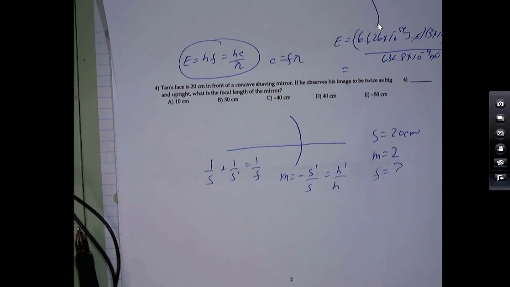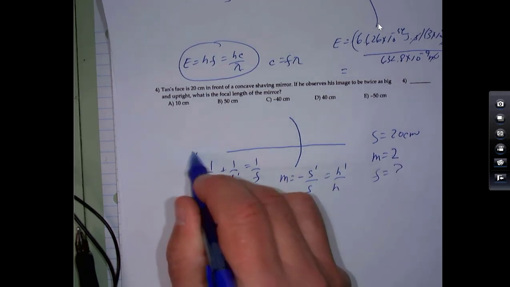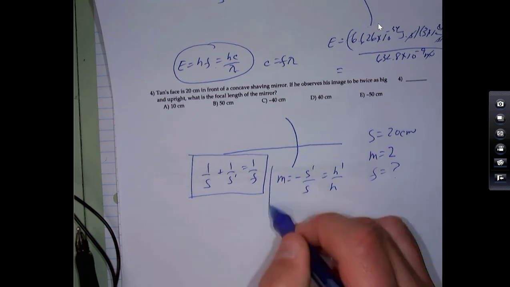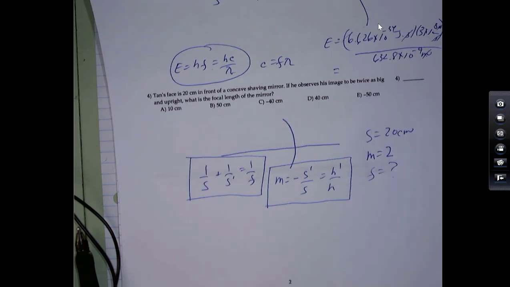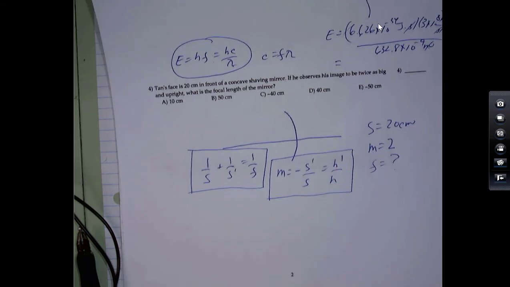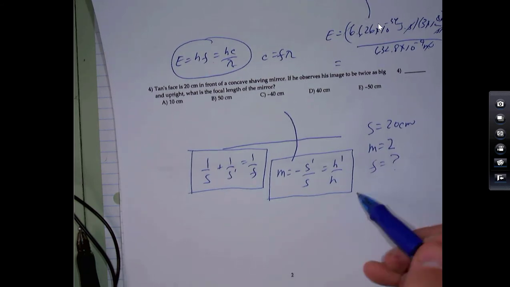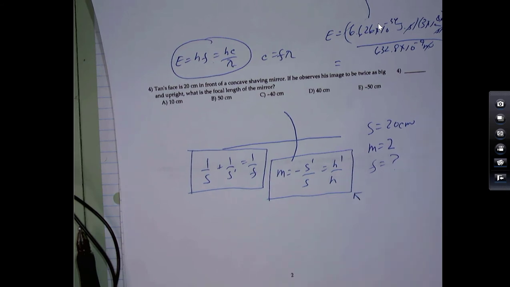Okay, so really if it's a lens or a mirror, this is what you have to work with. This and this. Those are the only 2 equations. Now this one's just a little bit tricky because usually maybe they give you s and s prime, you have to calculate f. Sometimes you have to use both equations though, which I can do for this problem. I can figure out from this equation what s prime is, and then from that I can go back to the first equation.